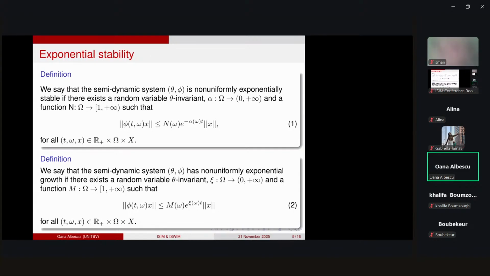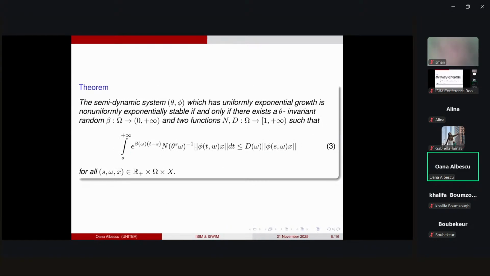The next slide. This theorem provides a criterion for non-uniform exponential stability of a system that already has uniform exponential growth.